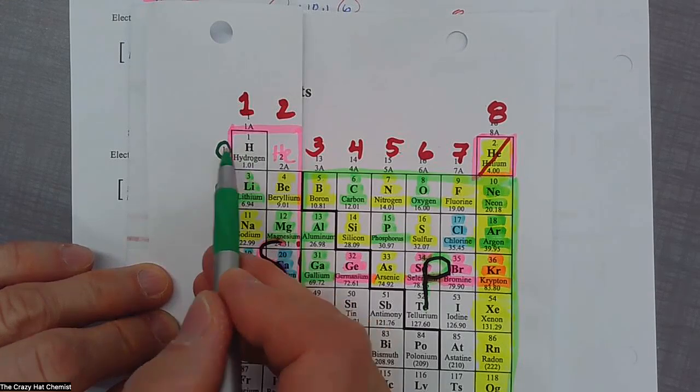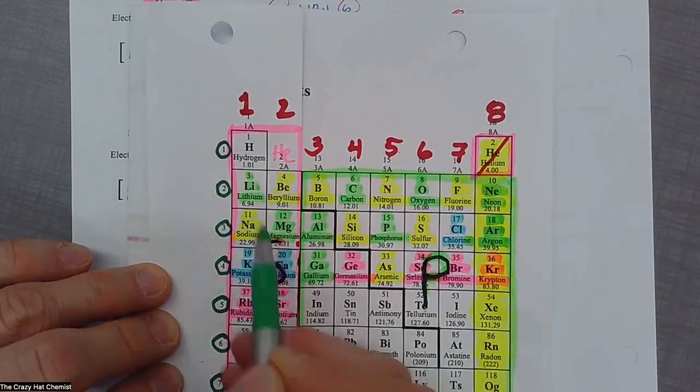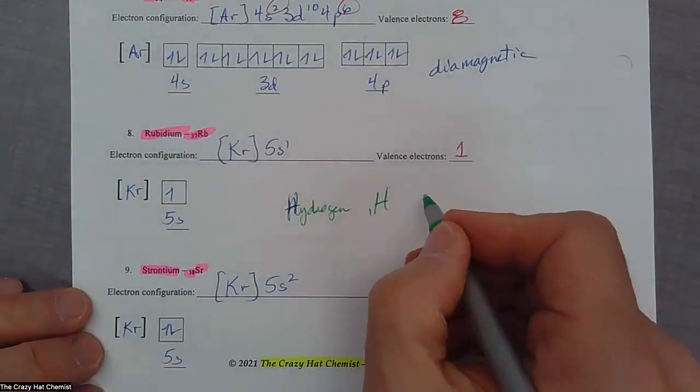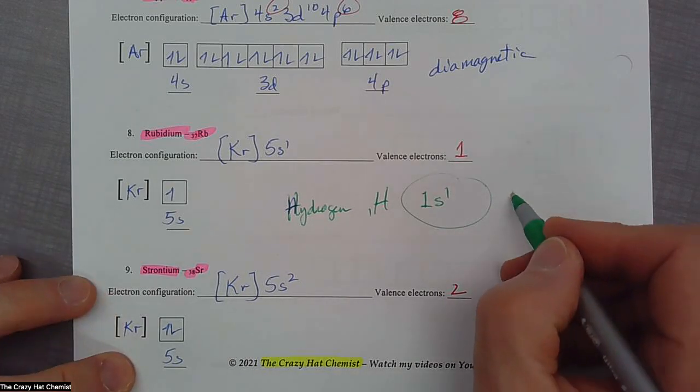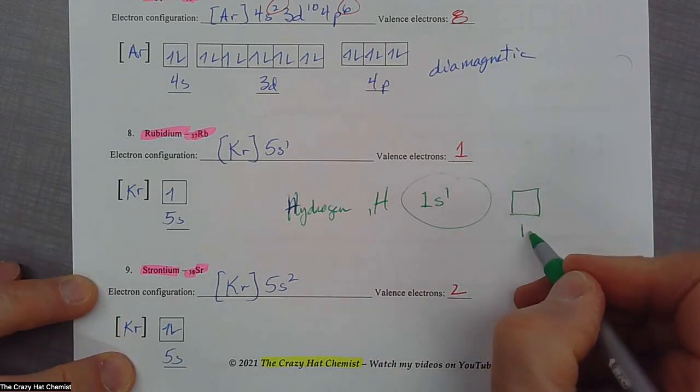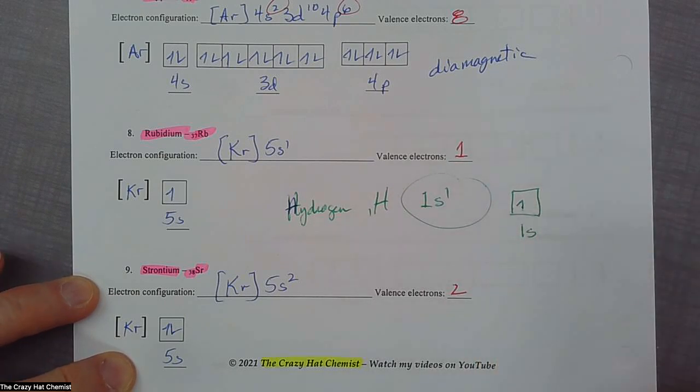So hydrogen is 1s1. That is the electron configuration for hydrogen. If I want to do the orbital box diagram for hydrogen, it would be a single box labeled 1s, and then it would be an electron up like that.